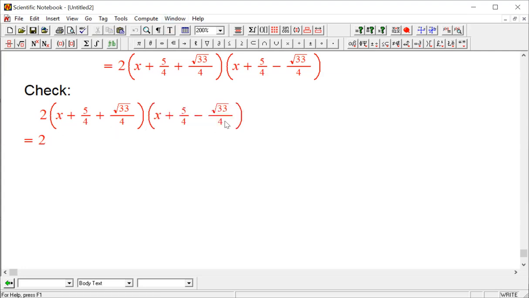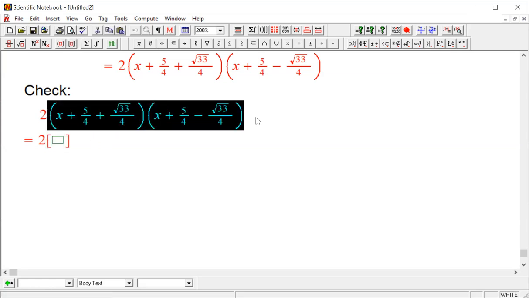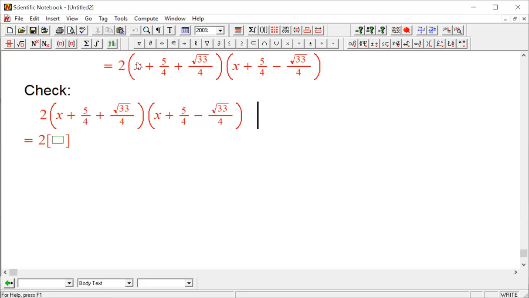We put 2 here, and we put a bracket because right now we're going to work on this product, and we see this product as a plus b times a minus b. That equals a squared minus b squared. So this a is x plus 5/4.